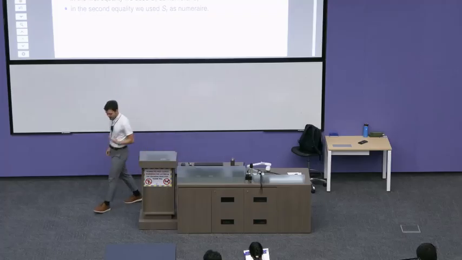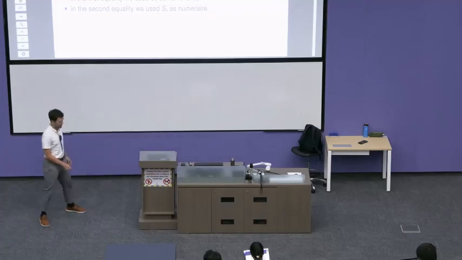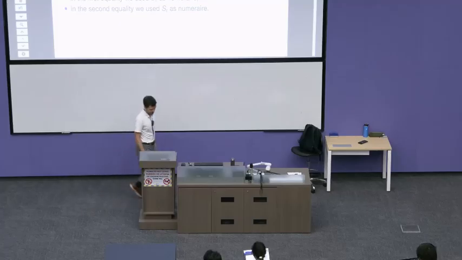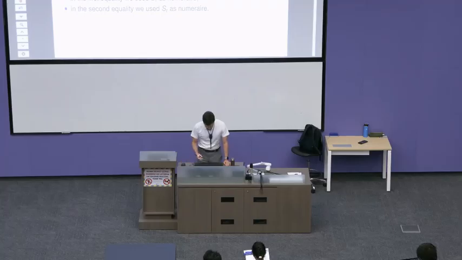We still have to do something, right? I still have more than 20 slides, no worries. But it already simplifies a lot in the beginning. So in the first equality, here BT as a numeraire and here S as a numeraire.